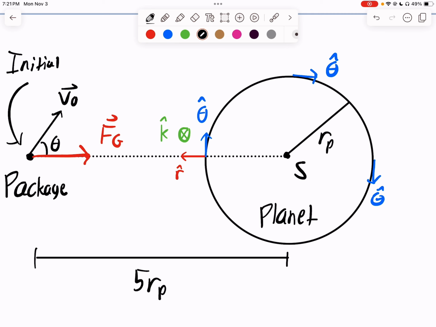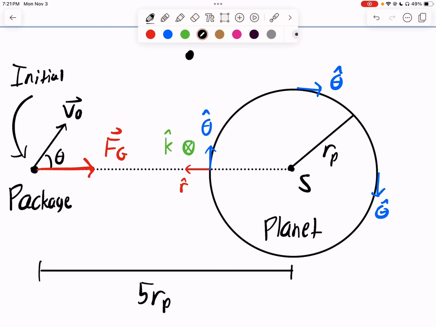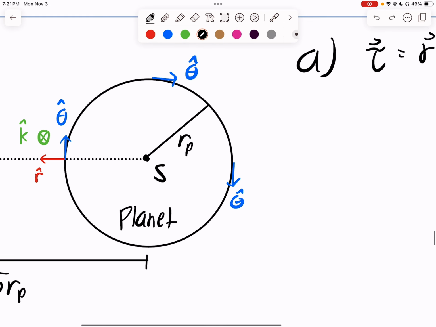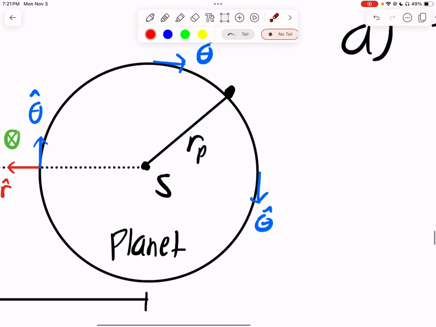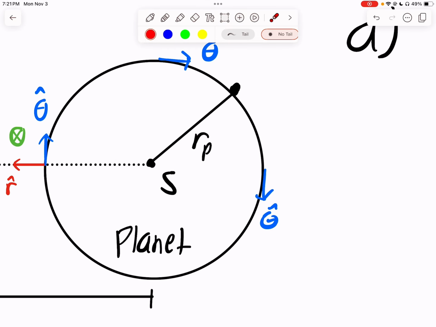No matter if it's at the initial state or in some intermediary state, your R vector is always going to be pointing like this. Your gravity is going to be pointing back in this direction in return. And even at its final state, when it's just barely grazing the planet, it's still going to be parallel. So this point at the core of the planet is the point they're trying to tell you to look for.